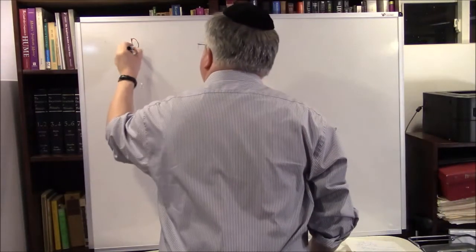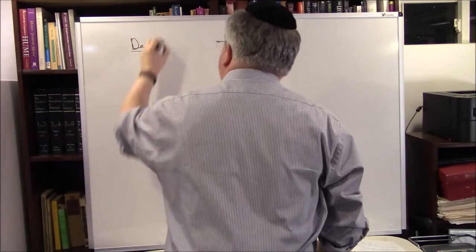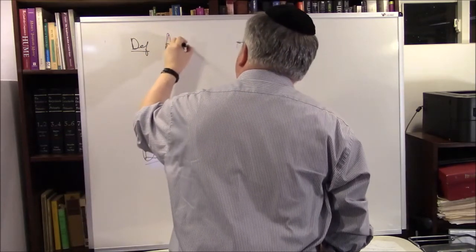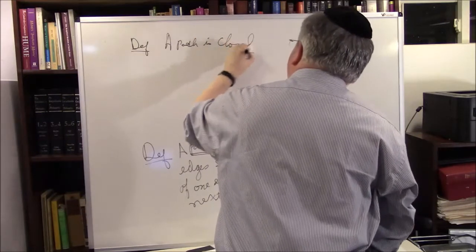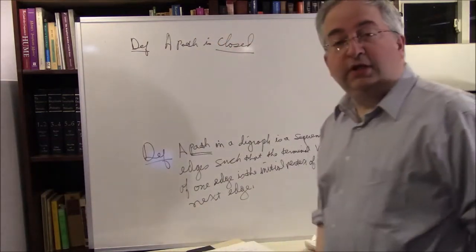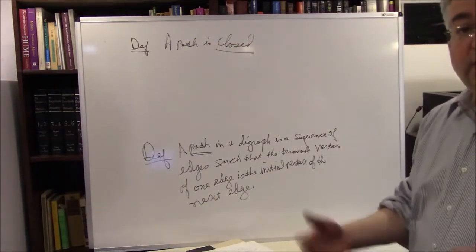Definition. A path is closed. So now we're defining a special property of paths.